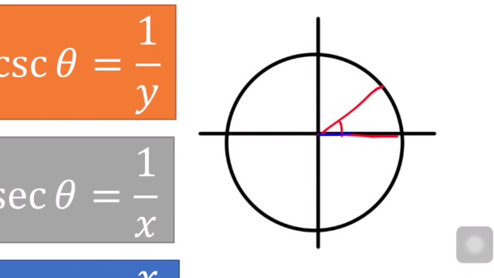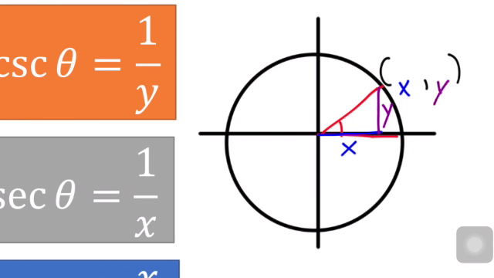We have our x value right here, and then our y value right there. The x value is going to be whatever the length of that side of the triangle is, and my y value is going to be whatever the length of the other leg of that triangle is as well.